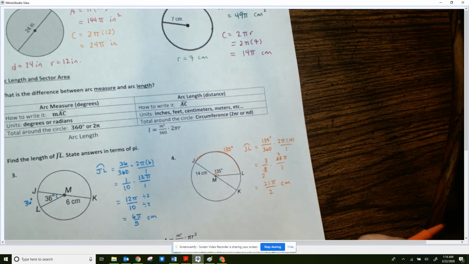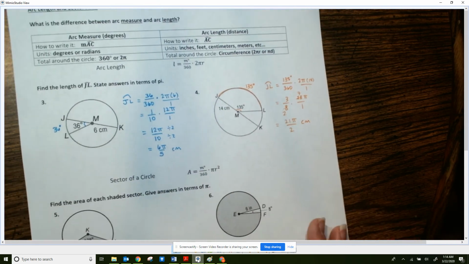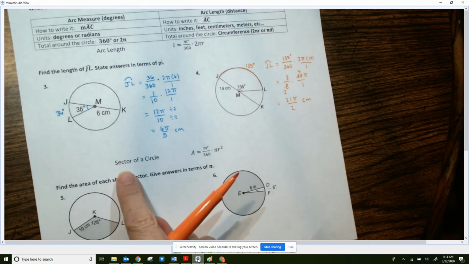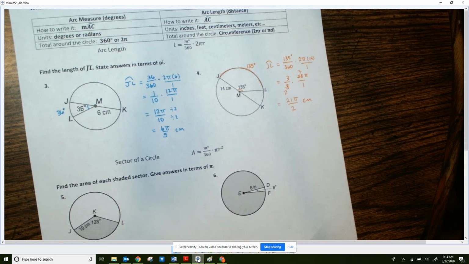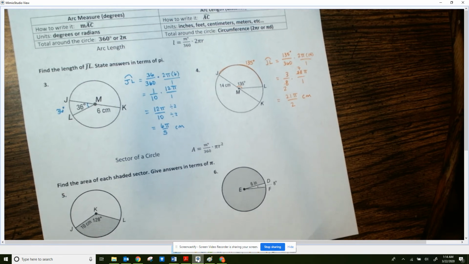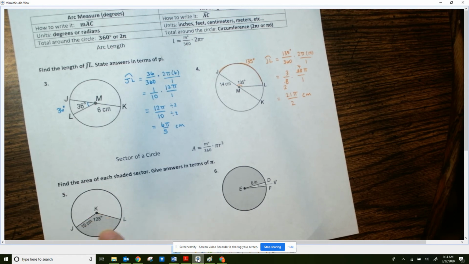Okay. Now, the term sector is the area or a piece of the area. So again, going back to my pizza or pie example, the area of a sector is the area of the piece of that pie or the piece of pizza that you're going to eat.